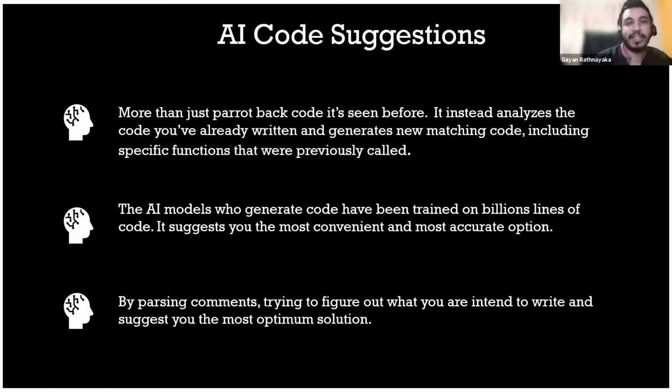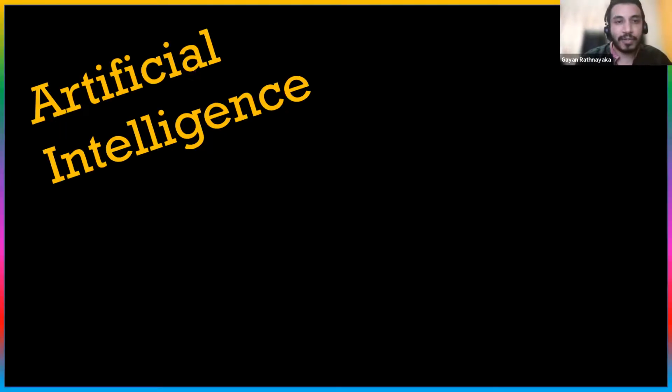The AI is intelligent enough to parse that natural language comment, convert it to a language the machine understands, retrieve a function and provide you that add two numbers function. That is the difference between AI code suggestions and normal code suggestions.